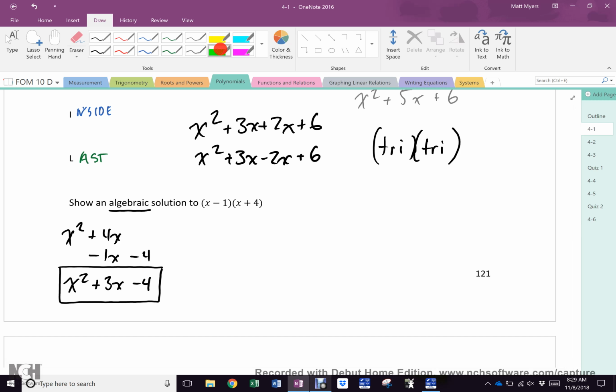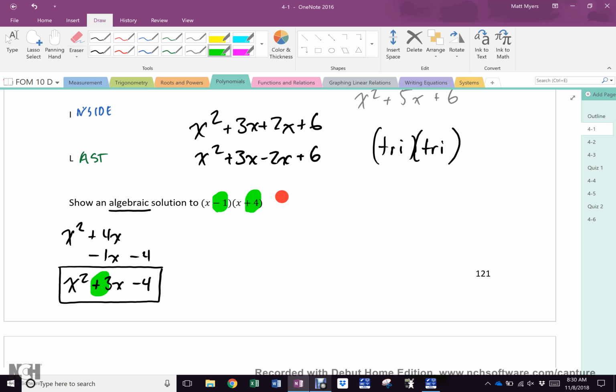Please notice, is there a connection between positive 3, negative 1, and positive 4? No, they're all integers, but is there a connection mathematically between them?